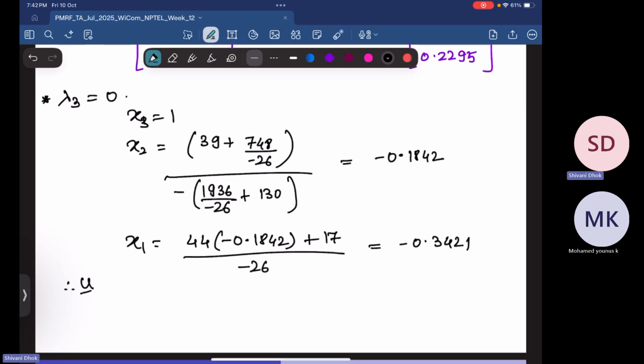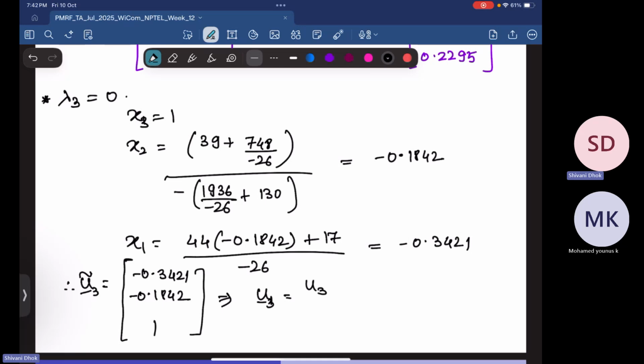So therefore, your u3 tilde is minus 0.3421, minus 0.1842, and 1, which means that u3 is u3 tilde upon norm of u3 tilde. This comes out to be equal to minus 0.3189, minus 0.1717, and 0.9321.